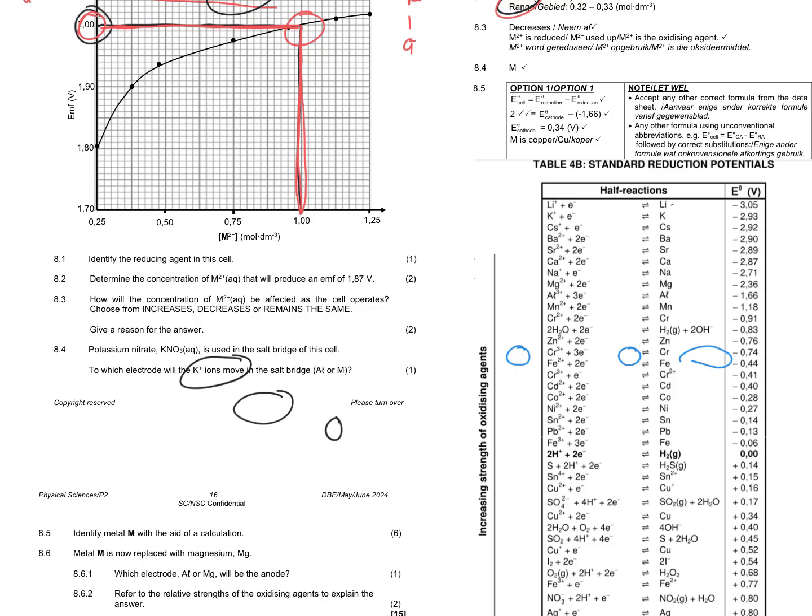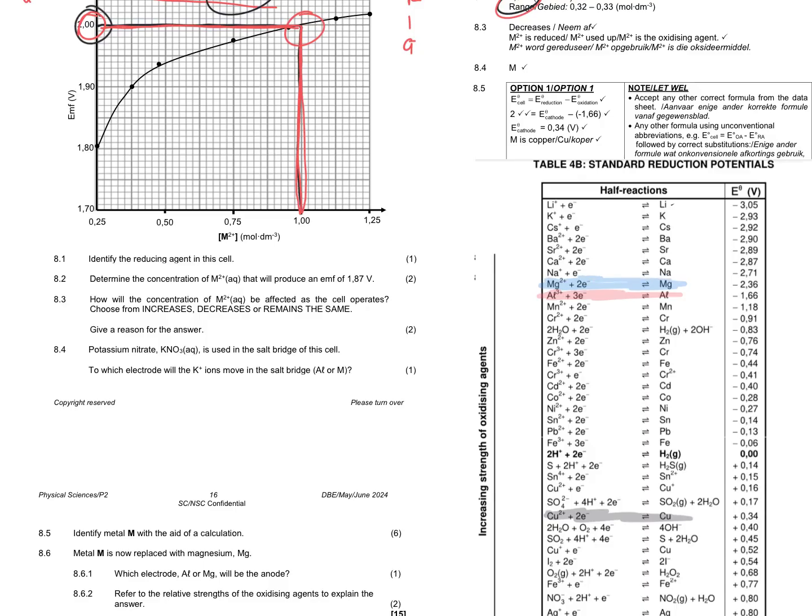6 marks, very nice. Now they are saying that M is replaced with magnesium. So let me just highlight it quickly. The aluminium is still being used, but instead of the copper, which I'm going to do in black, so we were using copper at the zero, but now we've changed it to magnesium, which is this one.